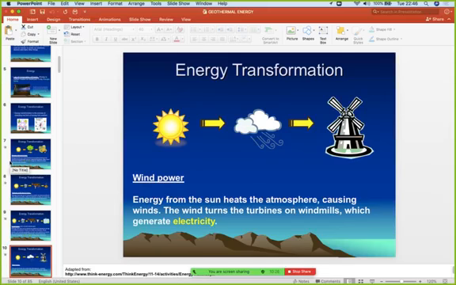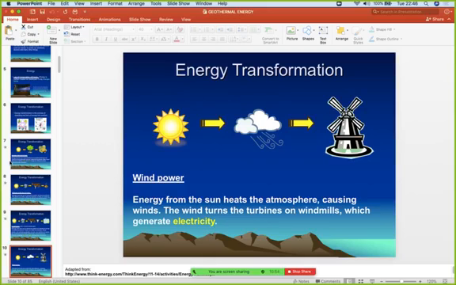Huh? How does wind produce power? So energy from the sun hits the atmosphere, or the clouds, causing winds. So when there's the application of science, decreasing temperature and pressure by means of the atmospheric pressure and temperature, thereby causing winds.